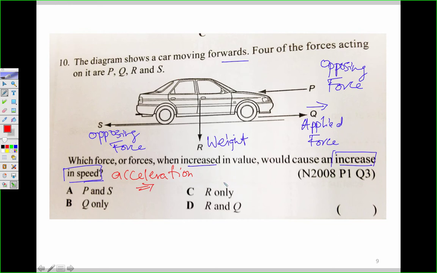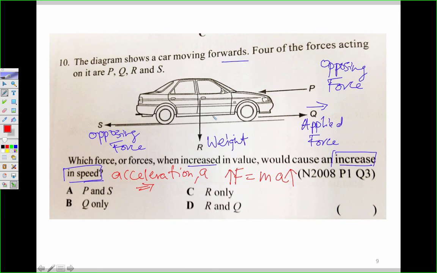If we recall Newton's law of motion, there's one law relating F to acceleration A: F is equal to M times A. So you want to increase A. Because the mass of the object remains the same, the option is to increase the resultant force.